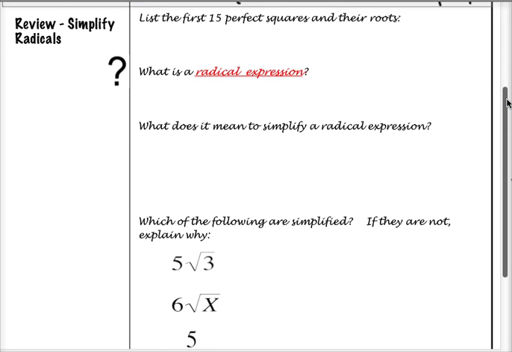So we're going to revisit this idea of simplifying radicals. So let's list the first 15 perfect squares and their roots. Right now we are upping our game, because we need to know all of these numbers. So I'm listing out all the perfect squares, and then after it, I'm listing what number made them, what their square root is.